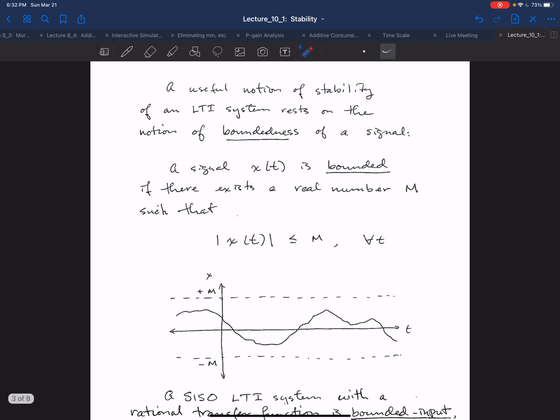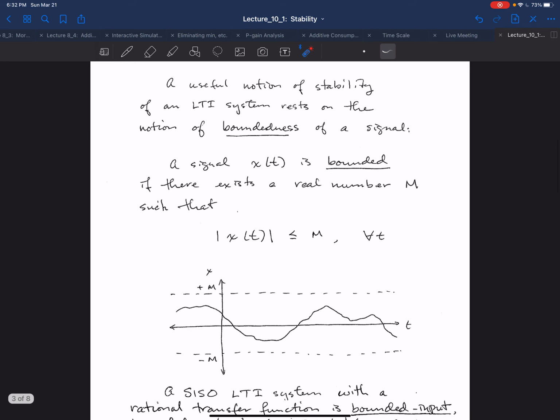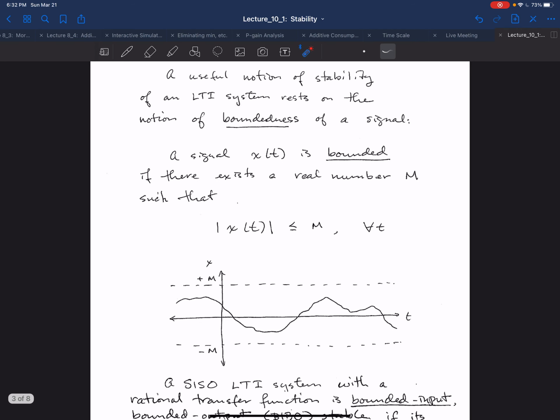It's going to depend on the notion of the boundedness of a signal. Essentially, what we're going to say is that a system is stable in the bounded input, bounded output sense if whenever the input signal is bounded, the output signal is also bounded.